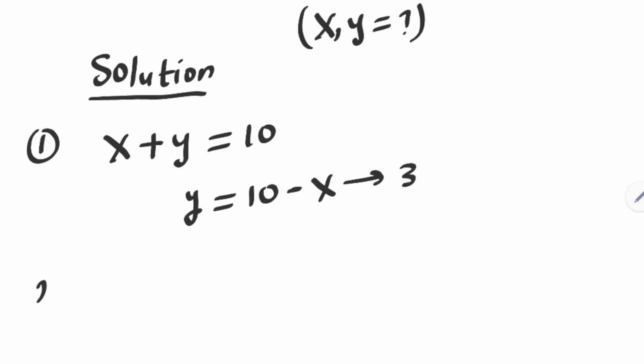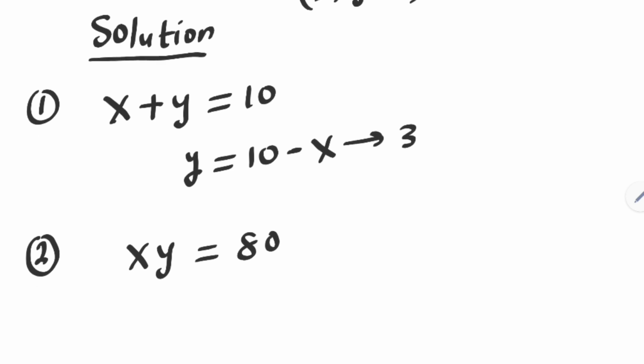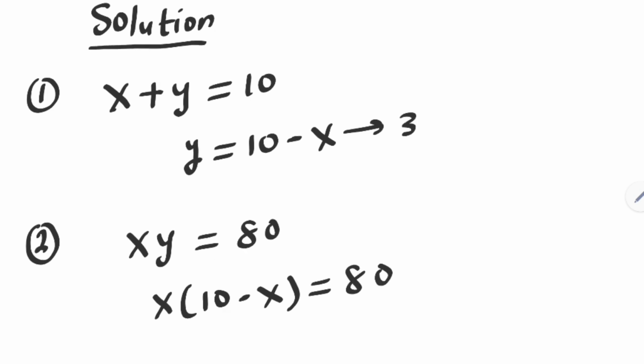Then from equation 2, xy is equal to 80. Let us substitute for y, which is 10 minus x. x bracket 10 minus x is equal to 80.